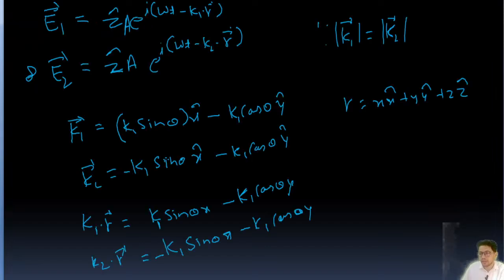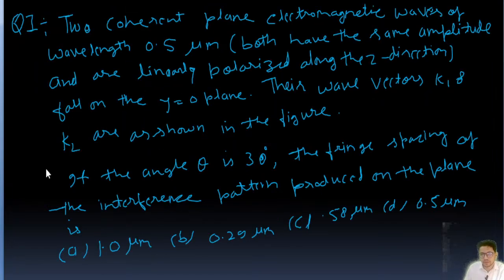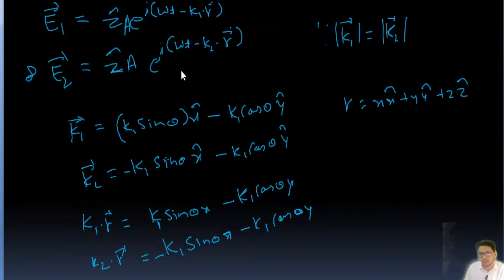So E is going to be E1 plus E2, the electromagnetic wave equation. E1 equals this, E2 equals this, and we are going to add them, and also put in the values of k1 dot r and k2 dot r.